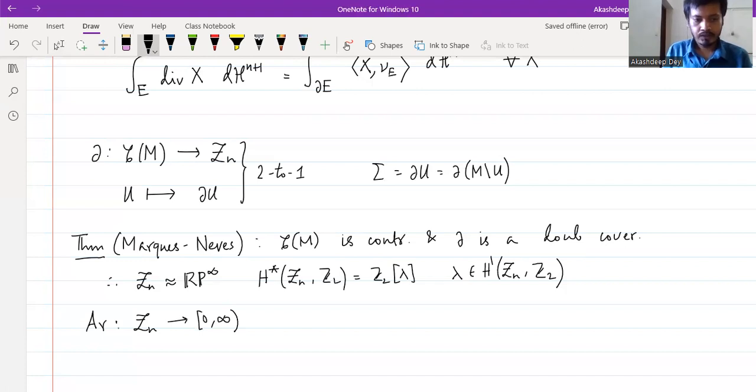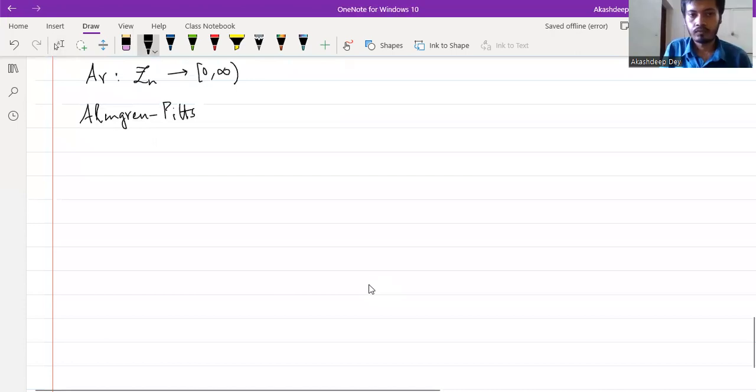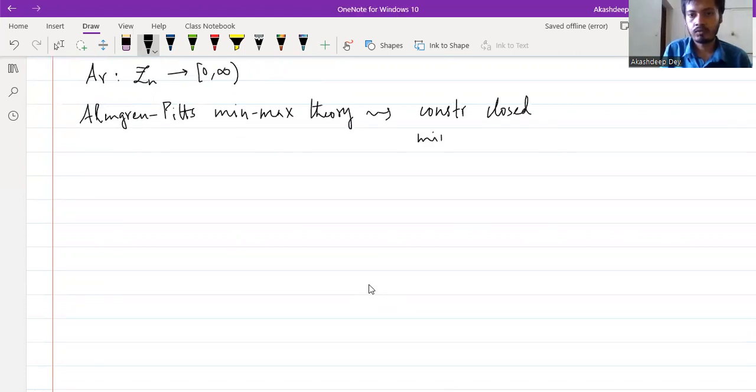The idea of the Almgren-Pitts min-max theory is to construct closed minimal hypersurfaces, which are precisely the critical points of the area functional, using a min-max method applied to the area functional defined on this infinite dimensional space Zn.